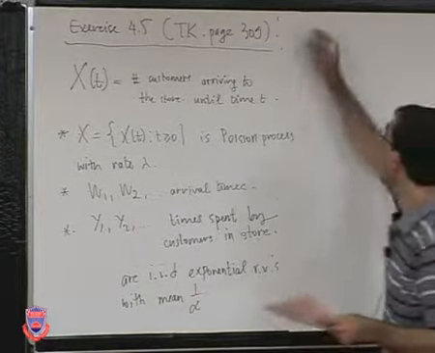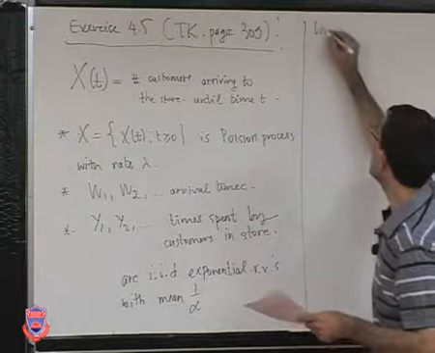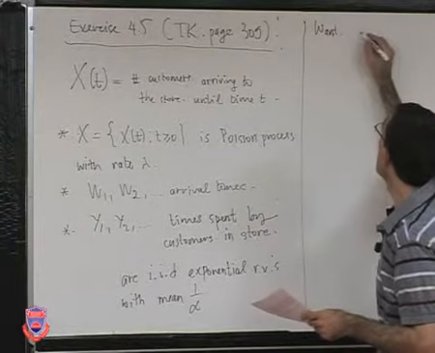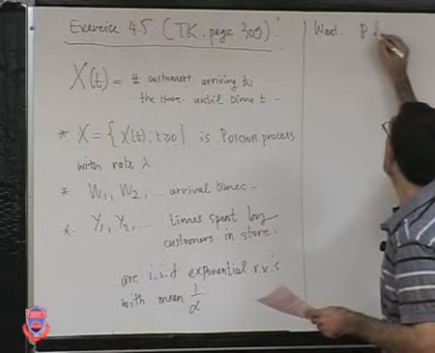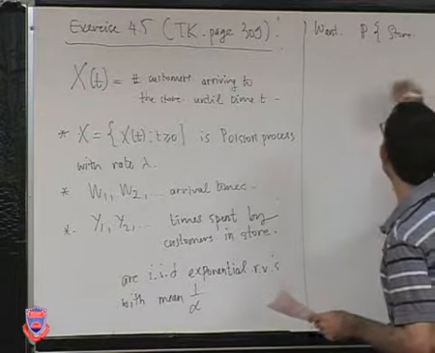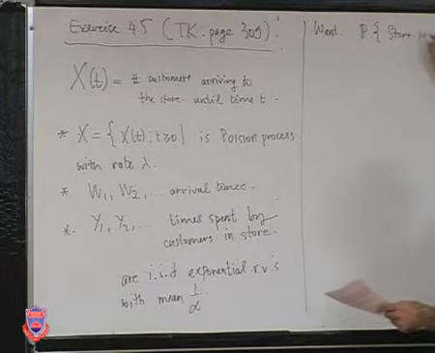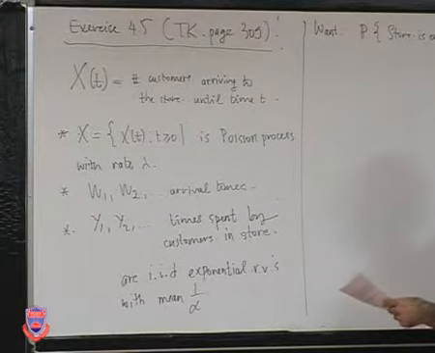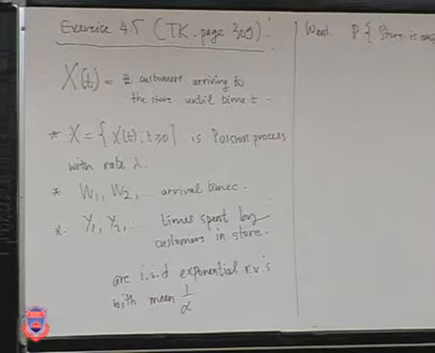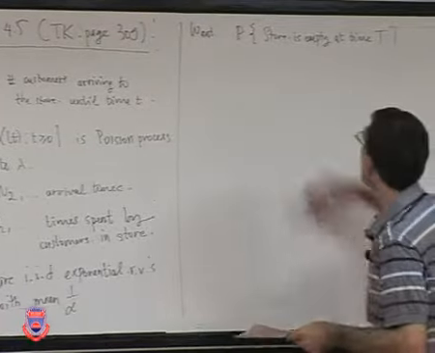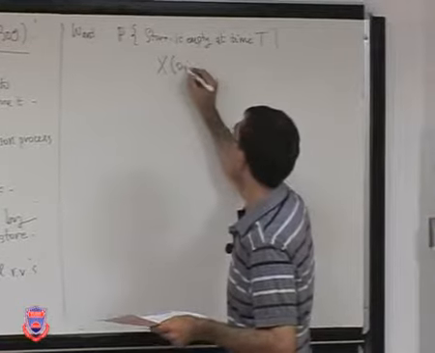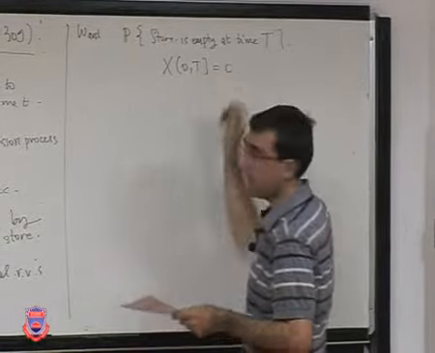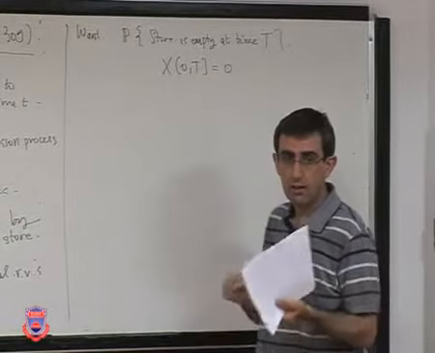And we would like to know what? We want the probability that the store is empty at time, let's say, capital T, a fixed time. Of course, this is not the same as this, is it? Why?